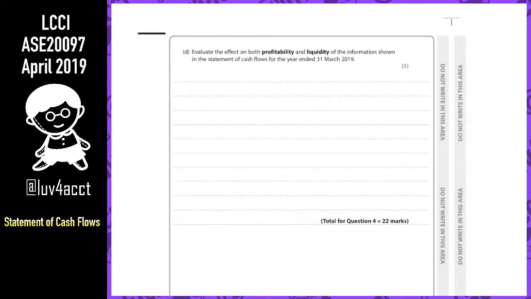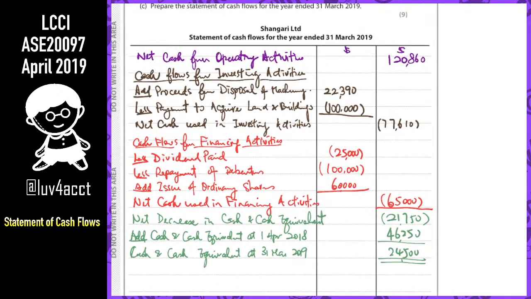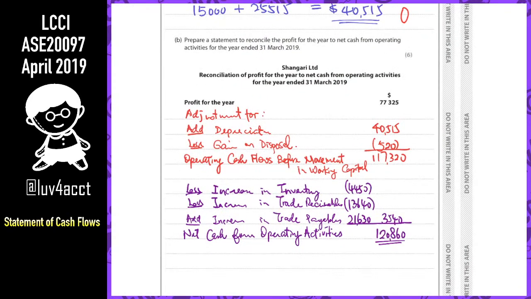Okay, so let us see. Profitability. First of all, okay, we have positive cash flows from operating activities as well as a positive profit, okay, 77,000, and then good cash flows from operating activities. Okay, nice.